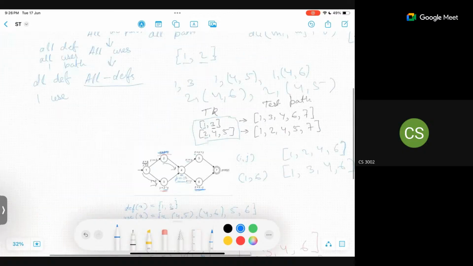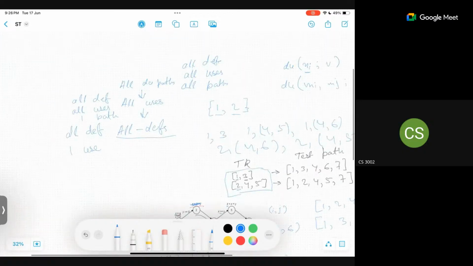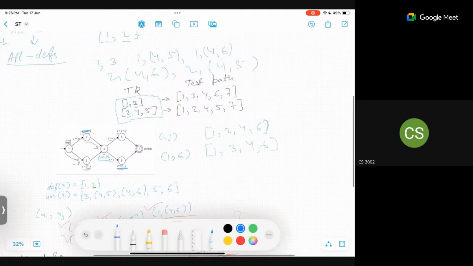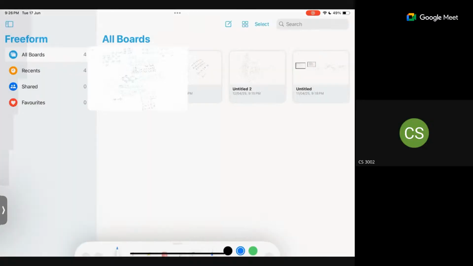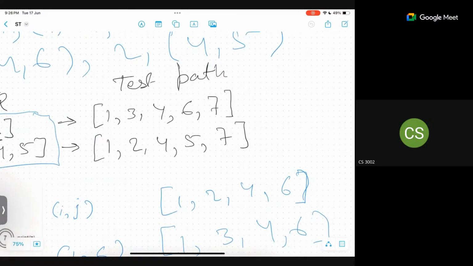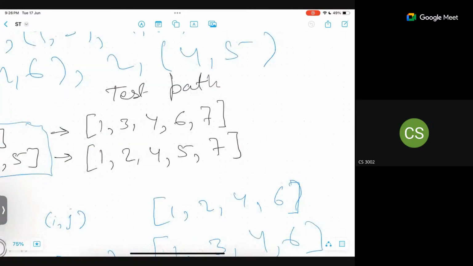All right. So these three coverage criteria you have to be careful about. We'll have a graph, something like this, and we'll have test paths like this, and then we can ask which of the following coverage criteria it satisfies. There are two ways to do that. You can just trace it and see what all it follows, and you have to be careful about certain things.